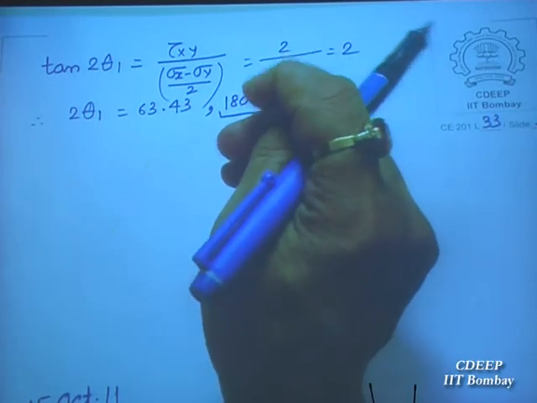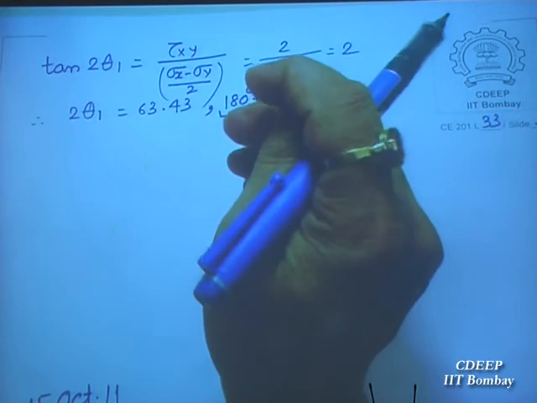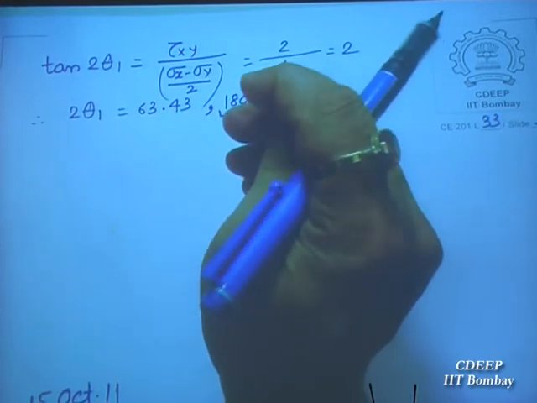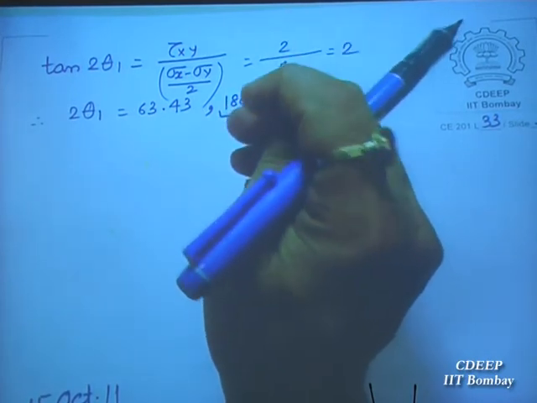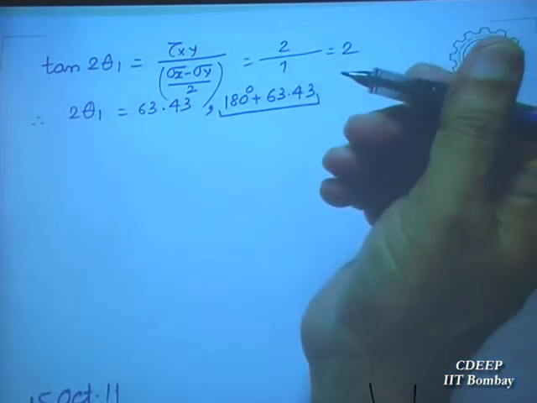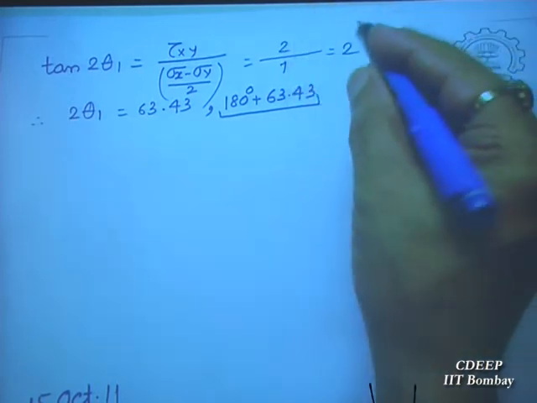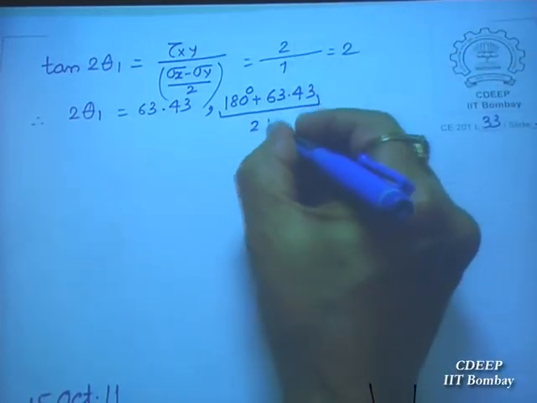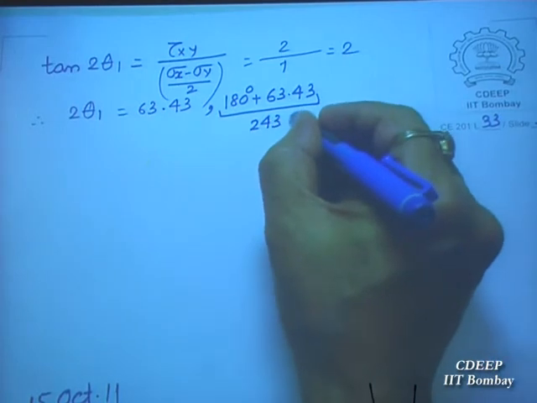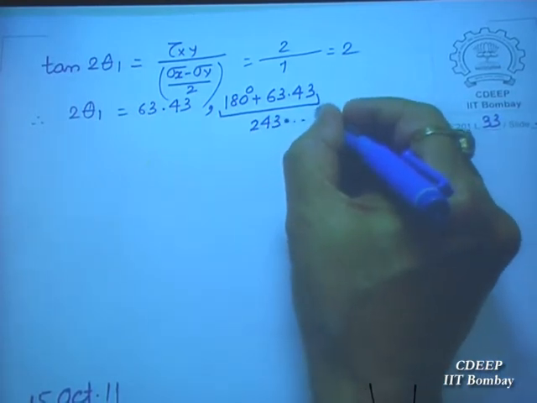Theta is 45. So this one is coming out to be 243 point something. You can find out so many degrees.